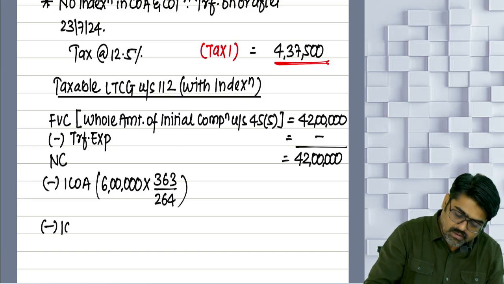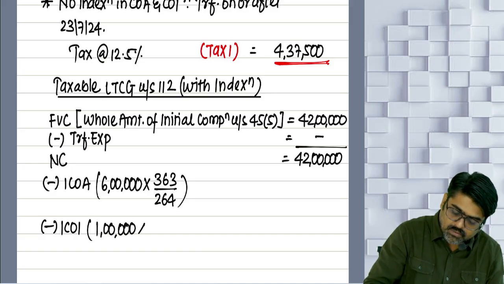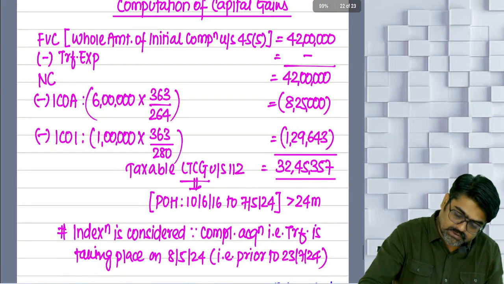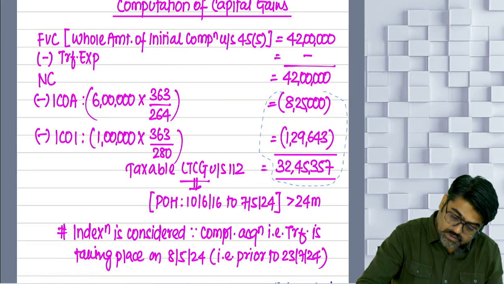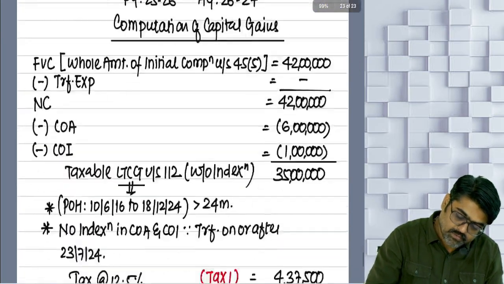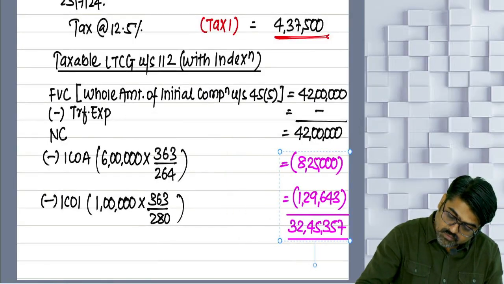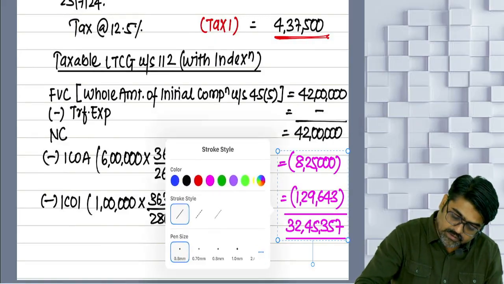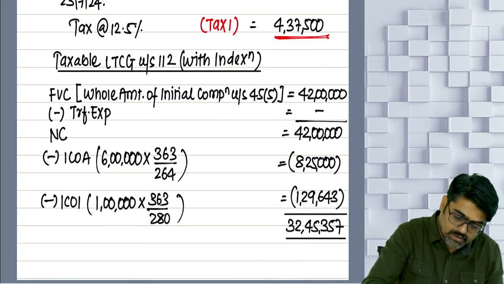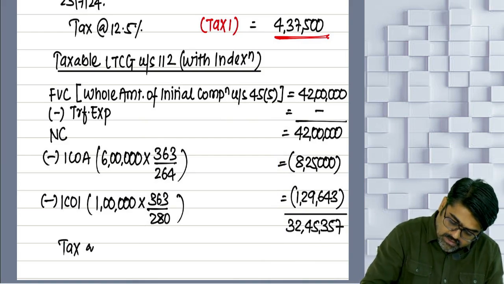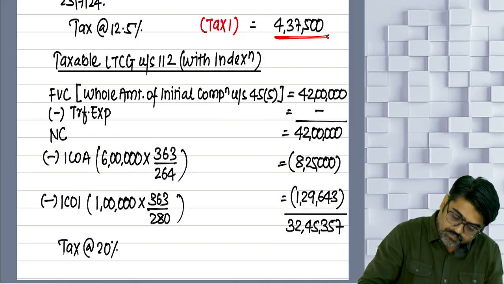Index cost of improvement 1 lakh into 363 divided by 280. We have already done this, no? Here, just copy paste. So your capital gain will be same. Only change the color. Color will be black color. Now, tax at the rate of 20%.